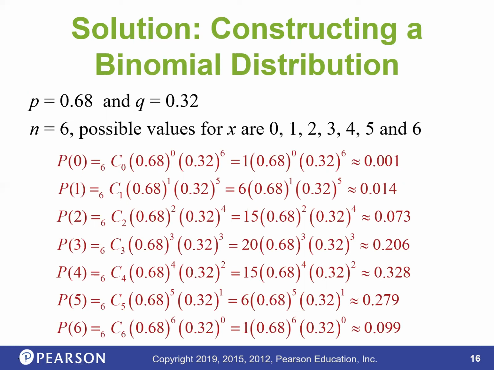Which one has the highest probability? It looks like the highest one is 0.328. So we expect at least a third of the time, if we ask 6 random adults, that about 4 of 6 should say yes. That's kind of what we're looking at.